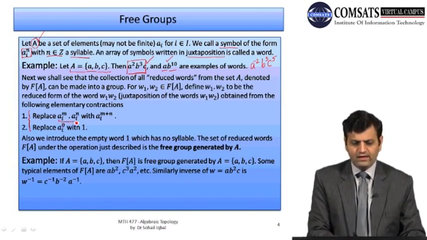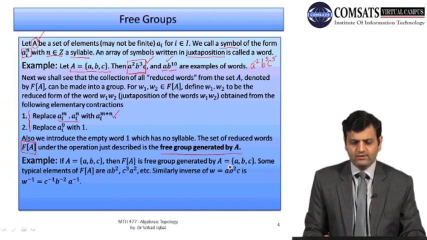If we have a_i raised to power m, a_i raised to power n, then we can add the powers like this, and m plus n is going to be another integer, and if there is a_i raised to power 0, then we replace it with the identity. With these two reduction rules, the set of reduced words is denoted by F(A), and under the operation just described is basically the free group generated by A.